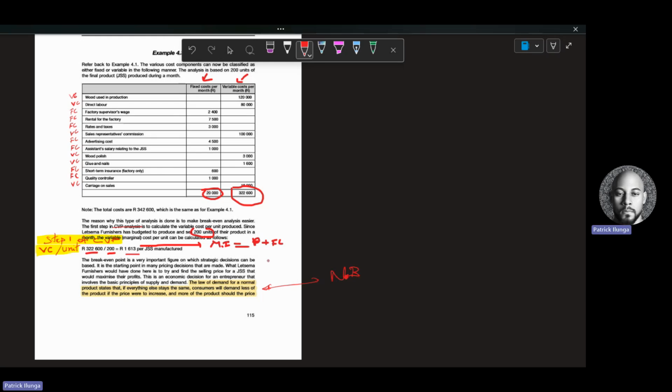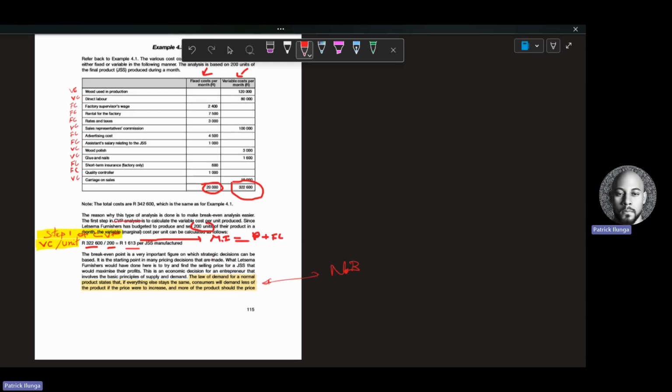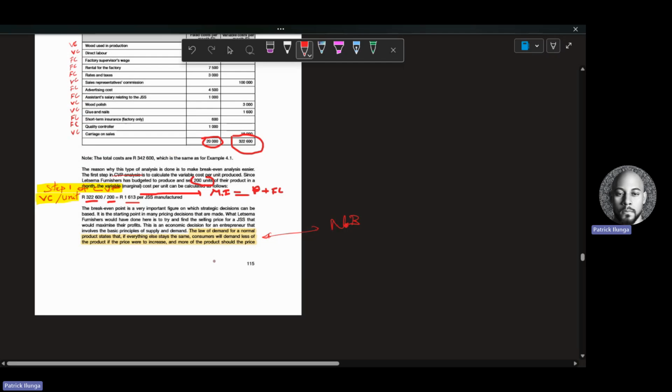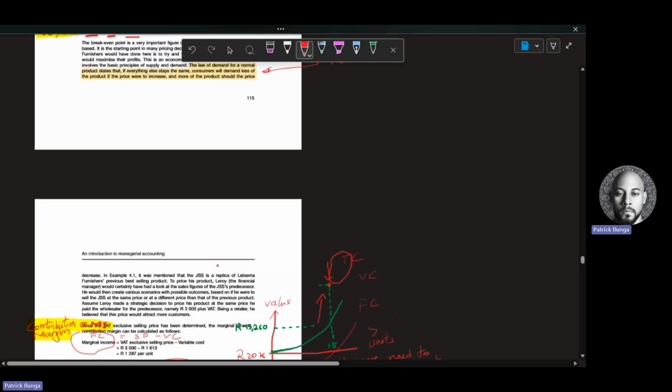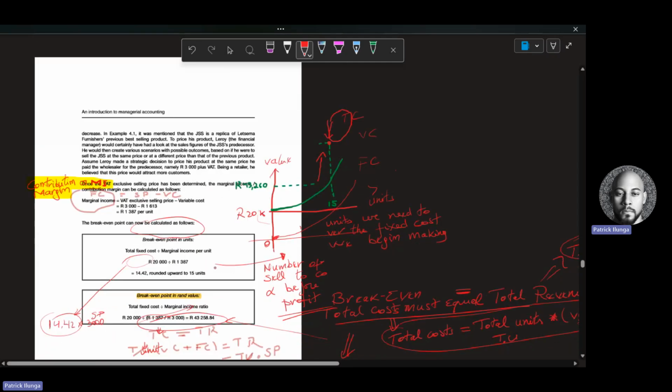But we remove the variable cost, right? And that makes sense. So when we have, for example, to calculate the break-even, remember, we need to know what is the total fixed cost. And we divide it by what? By the marginal income. Here is our marginal income, right?